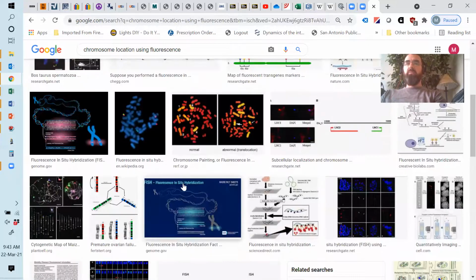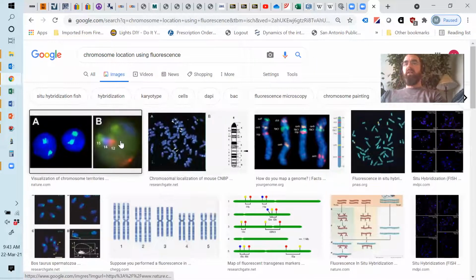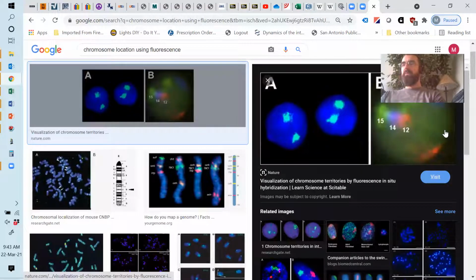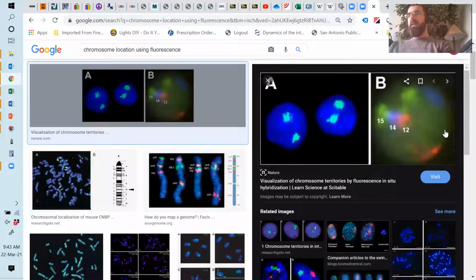You can actually label different regions of different chromosomes. And if this is a nucleus of a cell, I don't know what cell that is, you can actually see where different chromosomes localize, right?